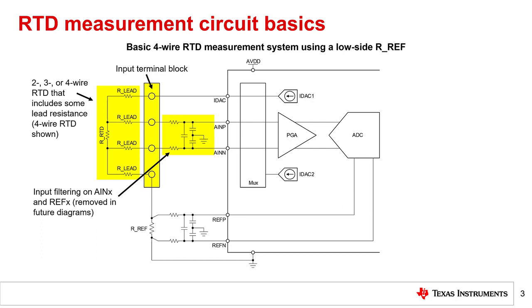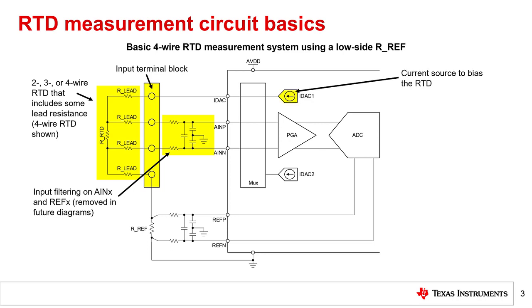These circuits appear on both the ADC analog inputs and the ADC reference inputs. These filters keep out-of-band noise from aliasing back into the ADC passband. While shown in this diagram, these filters will be removed from the rest of the Precision Labs series on RTDs to keep subsequent diagrams simple. However, an anti-aliasing filter should be included on all measurement channels.